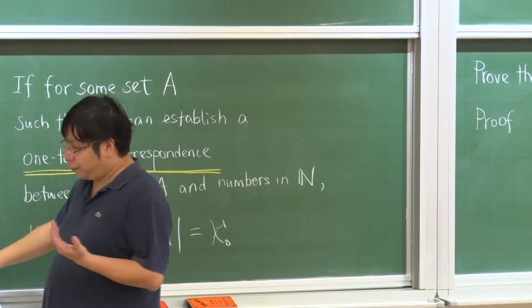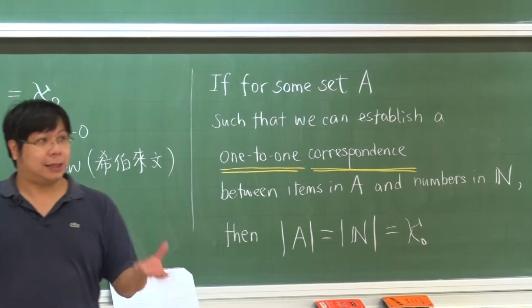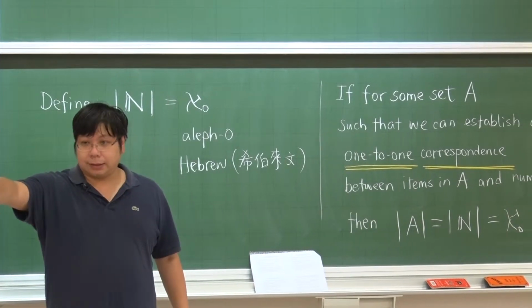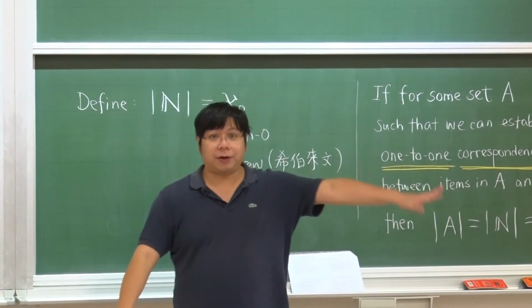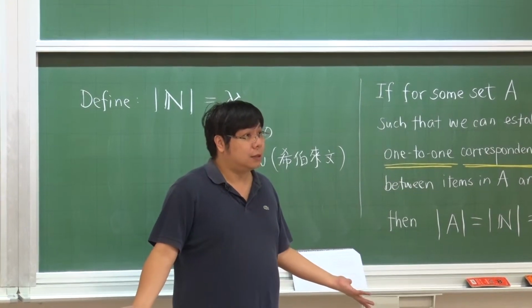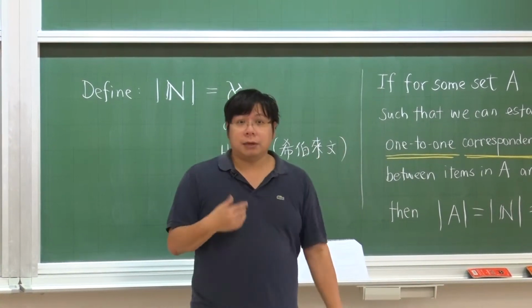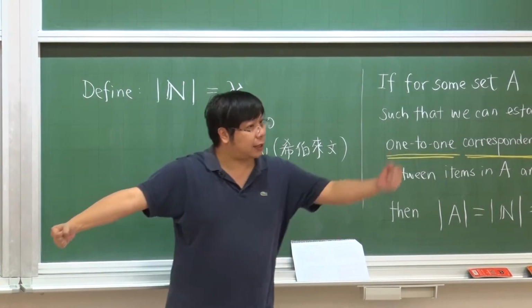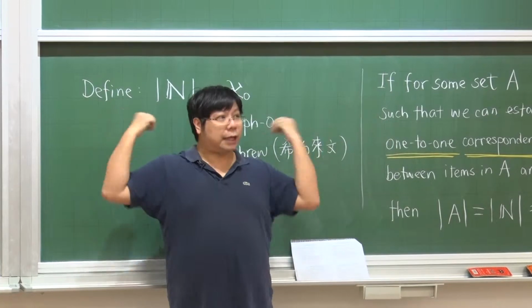So naturally, if you want to compare two sets, two finite sets, how do you compare? One way is you count the number of items in one set and count the number of items in another set and find out which one is larger, which one is smaller. But on the other hand, there is another way. Another way is that you pick an object in the first set and then you find an object in the second set. You cancel these two.